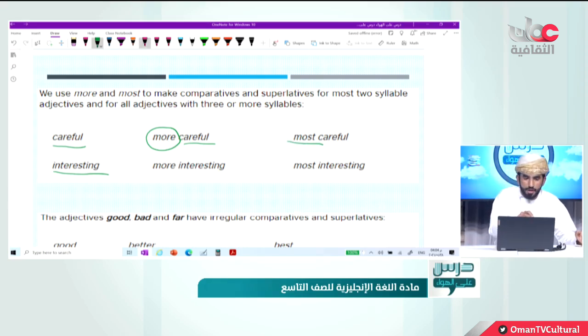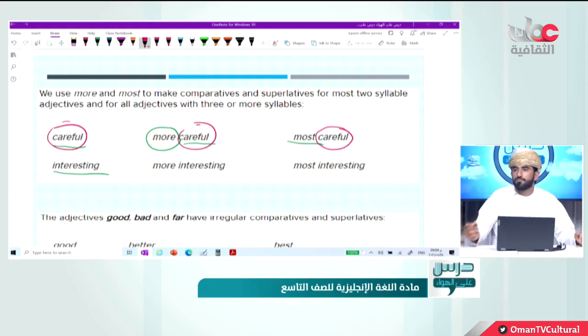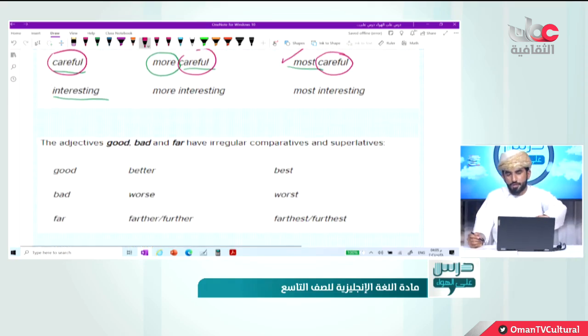Careful, careful, careful. We don't make any kind of changes. If the adjective has more than one syllable, we don't change or add anything, except we add more if we're talking about comparatives. If we're talking about superlatives, we add most. The same thing with interesting, more interesting and most interesting. Got it? Very nice. Thank you.